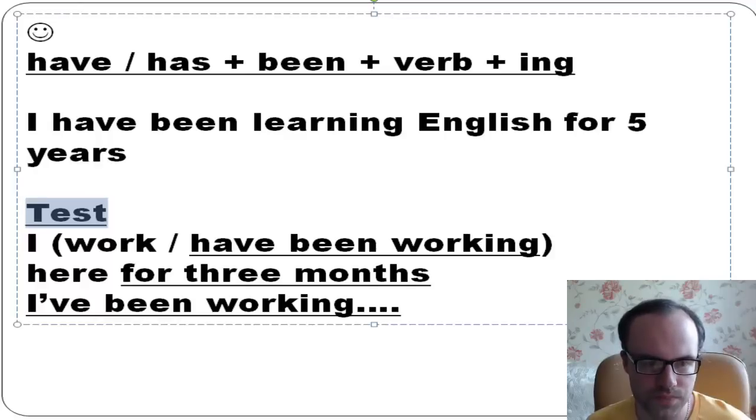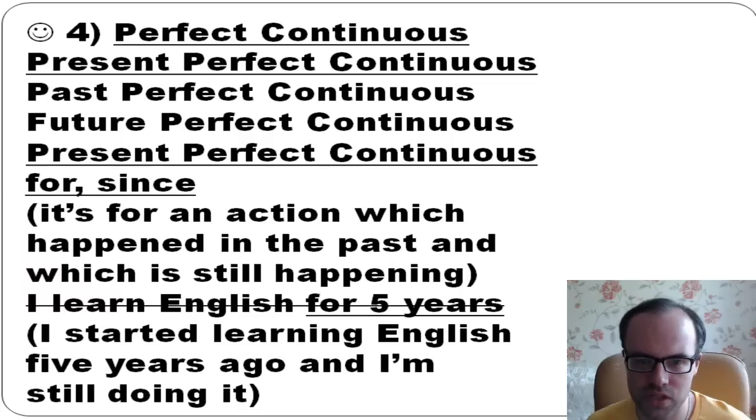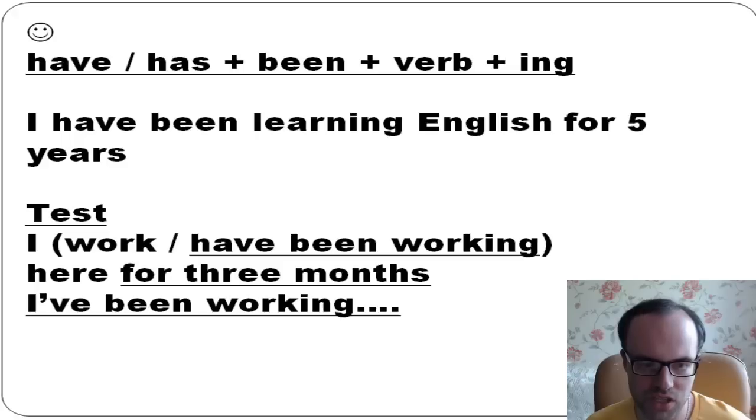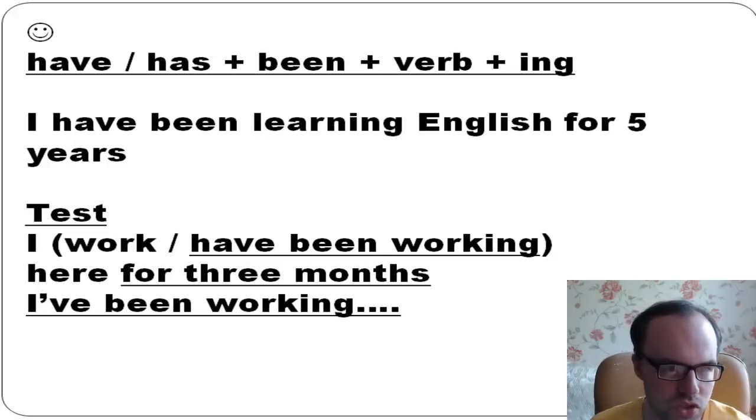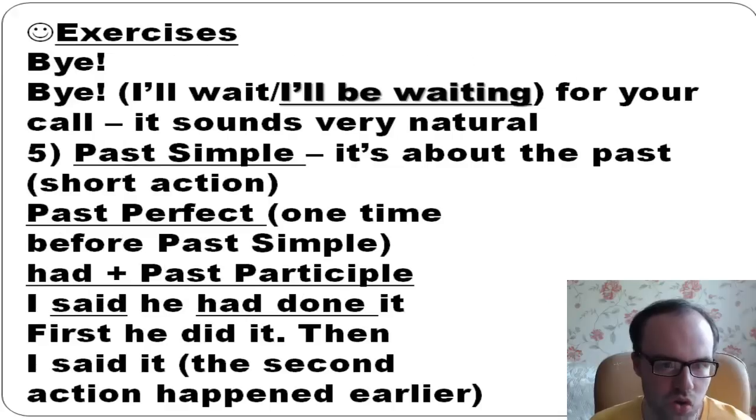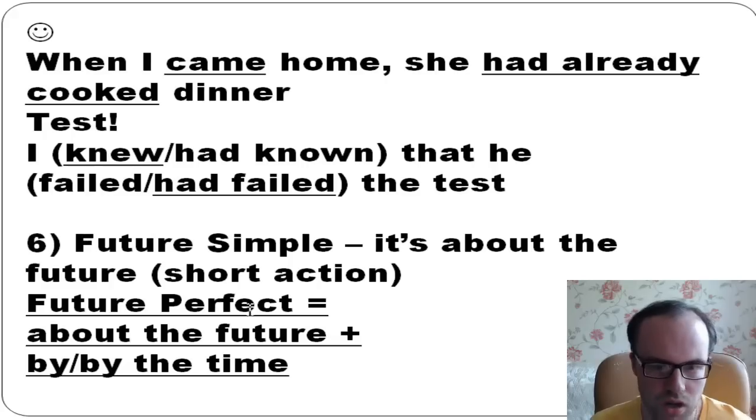Good. So what about past perfect continuous and future perfect continuous? The most difficult tenses. We compared past simple and past perfect, future simple and future perfect. So it was number 6.